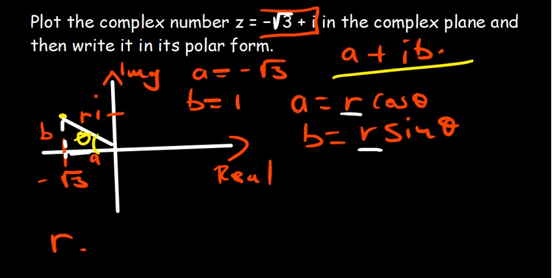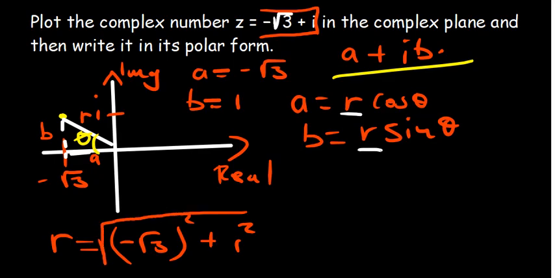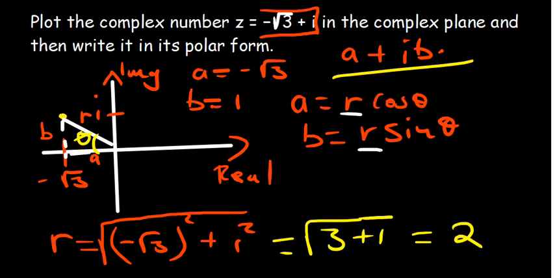So our absolute value is going to be the root of negative root of 3 squared plus 1 squared. Negative root of 3 multiplied by negative root of 3 is a positive 3, plus 1. So we have a root of 4, which is 2. So we can write R is equal to 2.